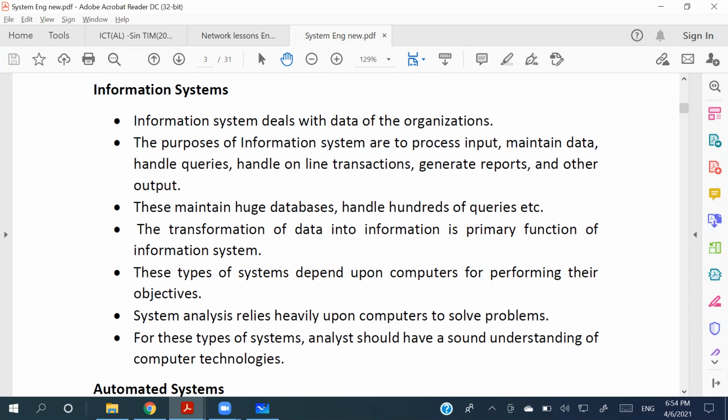Like if you take your school, you can have a student information system, right? If you take a company, they can have their own information system. So it is anyway delivering or outputting information regarding particular data which is feeding into it.